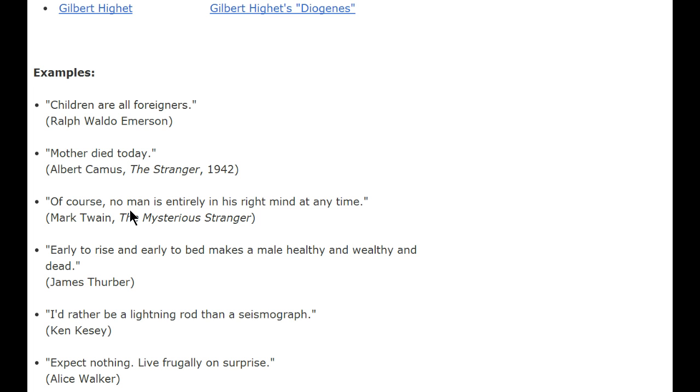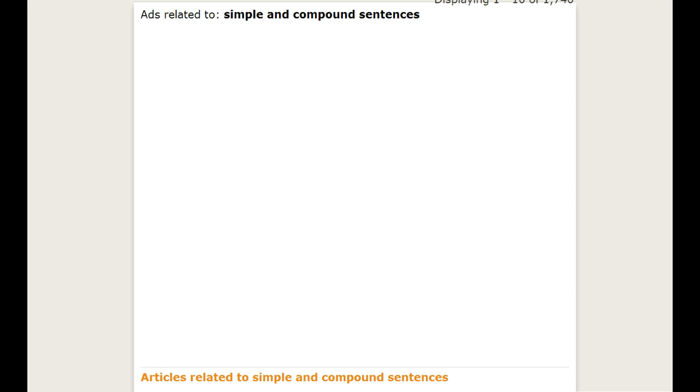Of course, no man is entirely in his right mind at any time. Very interesting. Early to rise and early to bed makes a man healthy, wealthy, and wise. I think you understand simple sentences. I'm sure you have made simple sentences yourself, but we're going to something a little more complex.